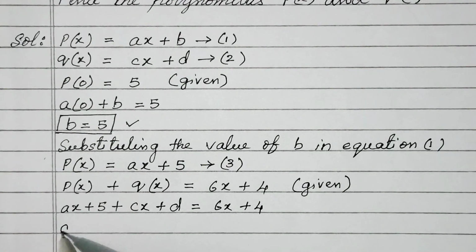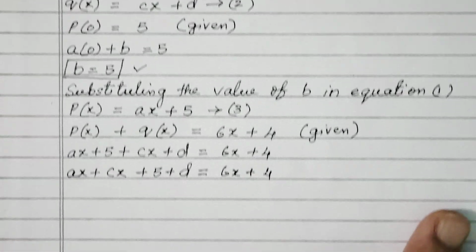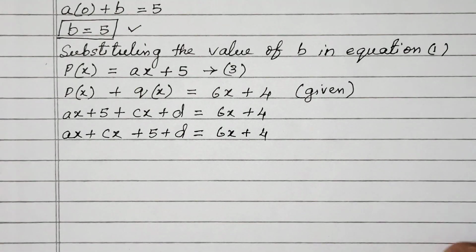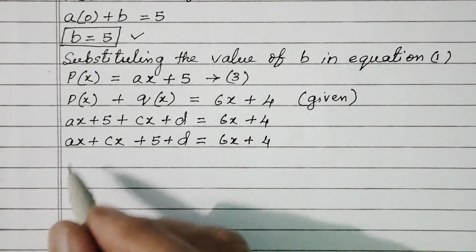So here we can shuffle ax plus cx together, plus 5 plus d is equal to 6x plus 4. Now in these two, x is a common factor.